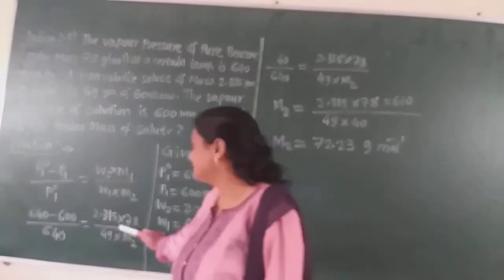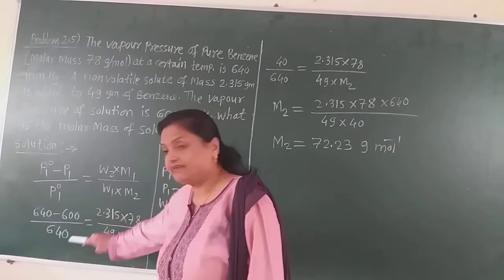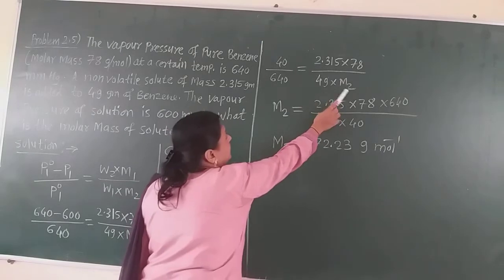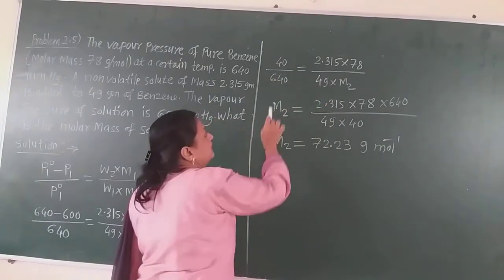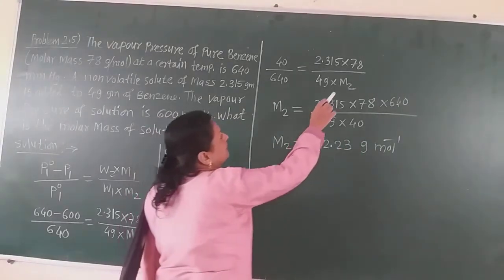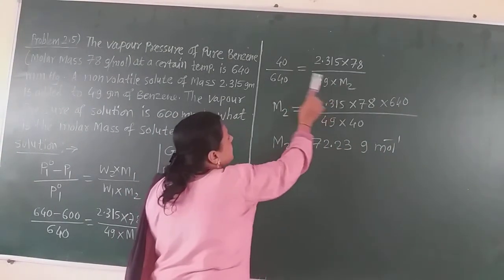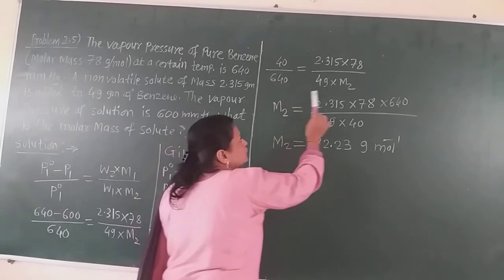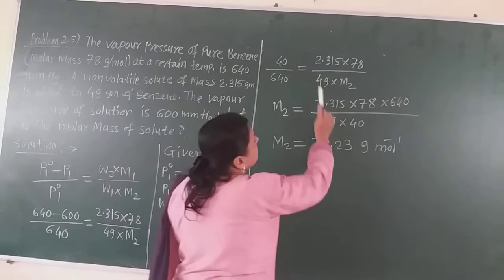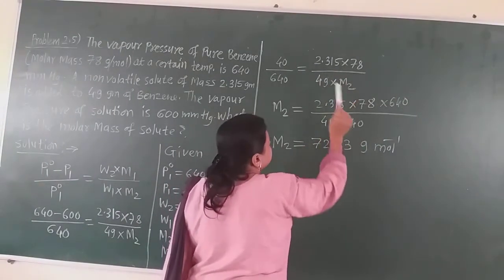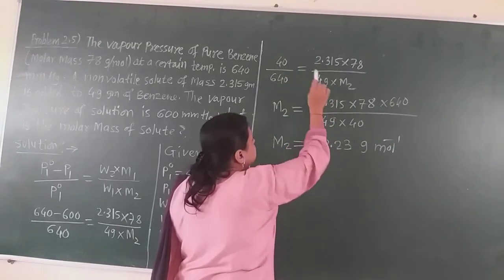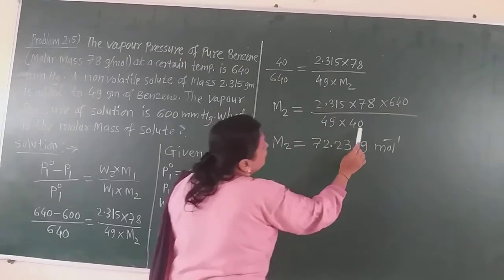Now we can calculate this M2. So take M2 to the numerator, and this 40 will go to the denominator. Now this 640 goes here. It can be multiplied. So M2 equals 2.315 into 78 into 640 divided by 49 into 40.